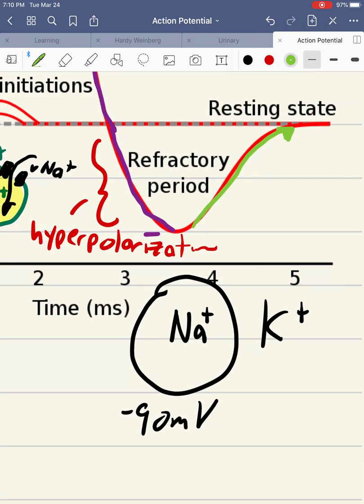Well, we do have some pumps that utilize ATP on our cells too. These are pumps, so they utilize ATP, and what they do is they pump 3 sodiums out of the cell for every 2 potassiums that go into the cell. So I'm going to pump 3 sodiums out, 2 potassiums in.